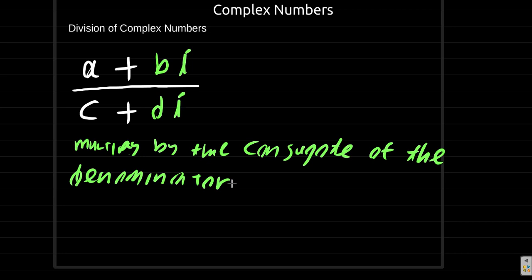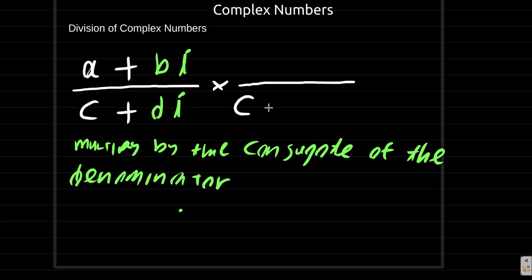All right? So, remember now, the conjugate, what it will be. So you multiply. Now you have to multiply both numerator and denominator by the conjugate. Now, if we multiply the denominator by the conjugate, what will happen?